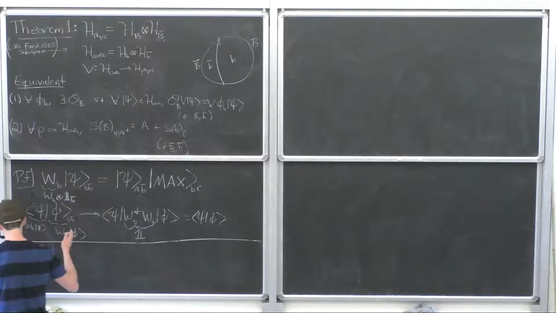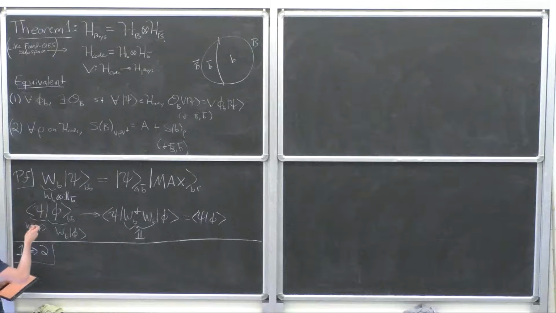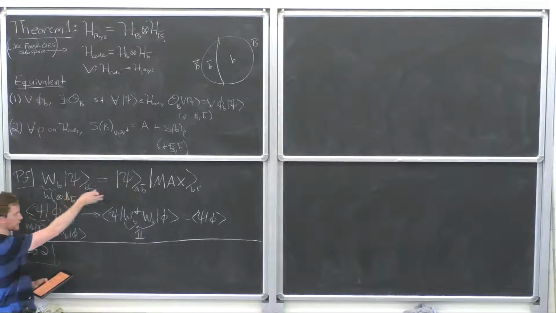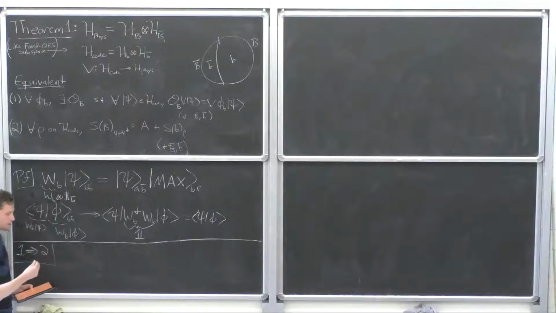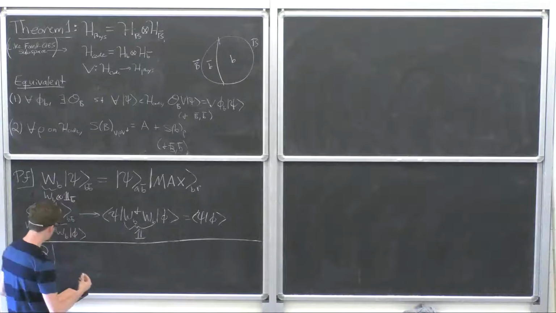Okay, so the first thing to recall was, we knew a little bit more about W_b than just that it acted this way. Fundamentally, it involved this swap operator.